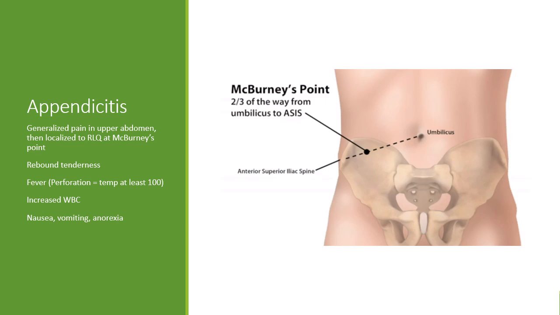So if you cause movement of the appendix when it's inflamed, it will be painful. So rather than actually pressing in and letting go, which could cause a perforation or rupture if it's very inflamed, you can safely kind of percuss the flanks and cause rebound tenderness.